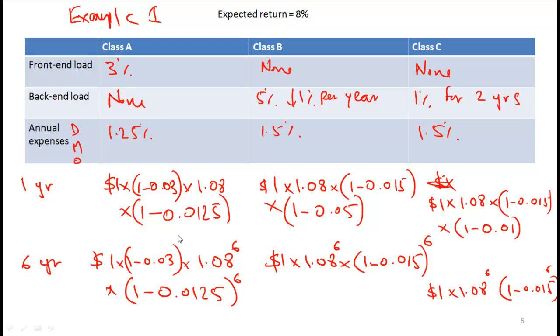So this is how you calculate the amount of money you will have after a given number of years, and given your investment horizon, you can figure out which class of shares will be best for you. And I think this should be good enough, but if you want, you can follow up and see this example again in the curriculum. It's on page 190.